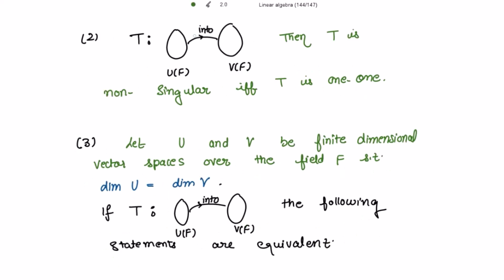Second, if T is a linear transformation from U into V, then T is non-singular if and only if T is 1-1.